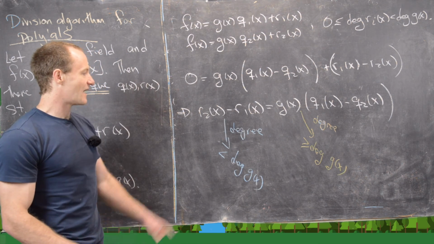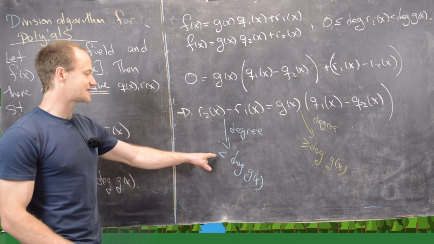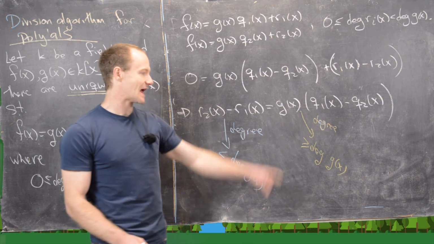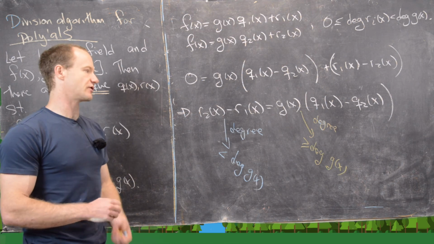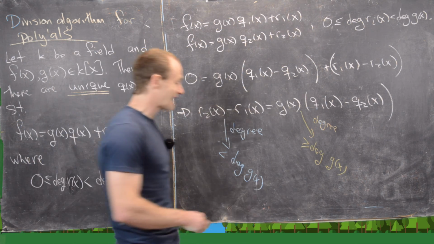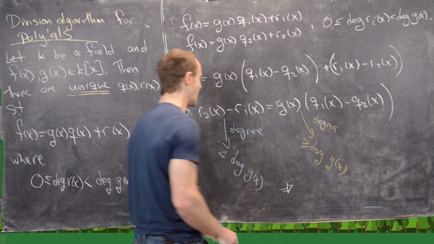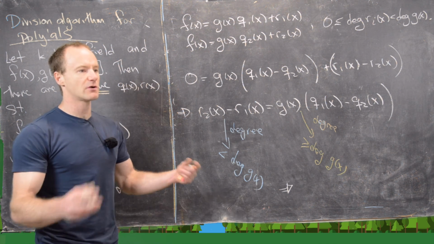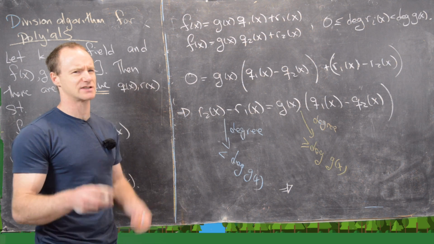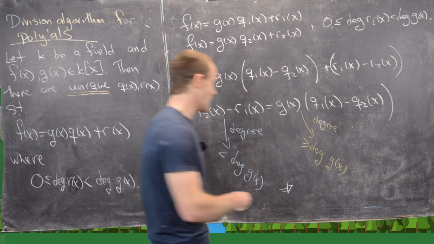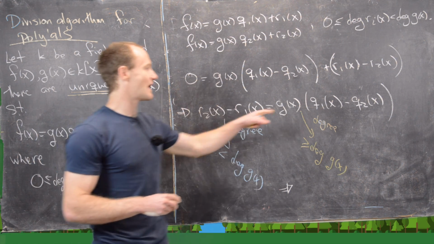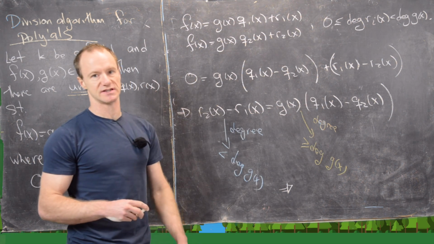So what we have is the left-hand side is simultaneously less than the degree of g of x and bigger than or equal to the degree of g of x. But what that tells you is that the left-hand side of this equation has to be 0. So 0 is the only polynomial that kind of has all degrees. So in other words, the left-hand side of this equation is 0, but that implies the right-hand side of this equation is 0.